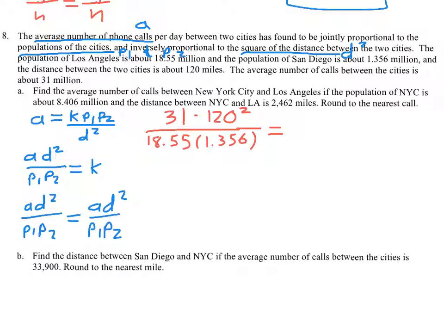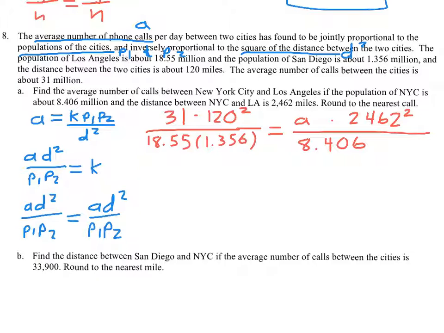Find the average number of calls, so we don't know what A is, between New York and LA if the population of New York is 8.406 and the distance is 2,462, which gets squared.